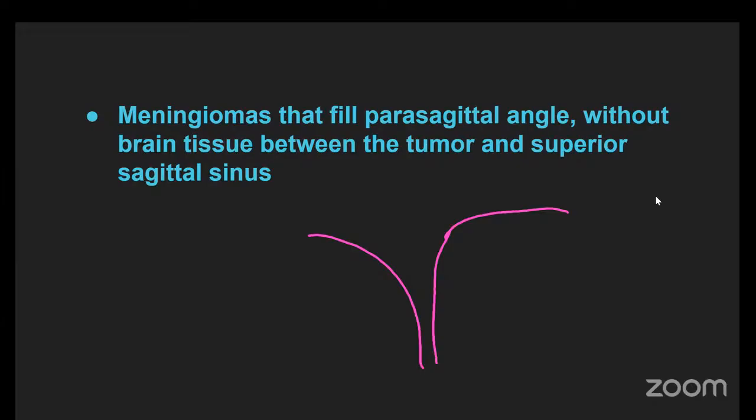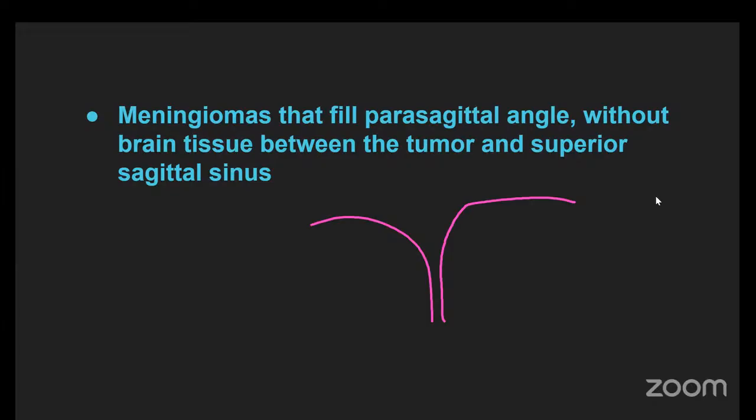Ignore the dural layers. Let's draw it like this. Then we have this sinus here, right in the midline between the two hemispheres. And then we have the bone here.